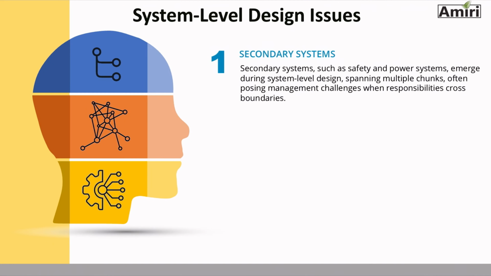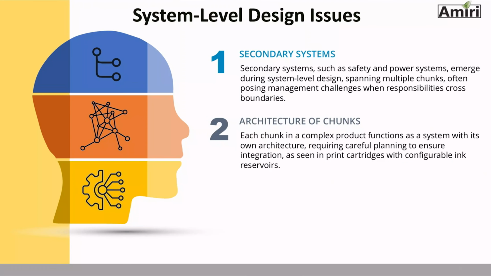The responsibility of designing secondary systems could be assigned to a specific individual or specific team, but that creates a management challenge when components cross the chunk boundaries and move into other chunks of the architecture and schematic. The second one is establishing the architecture of chunks themselves.